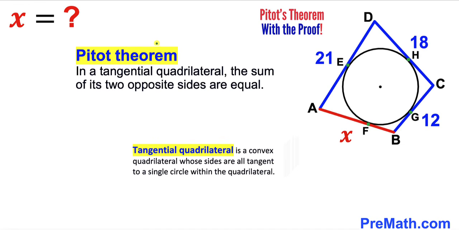And now we are going to go over Pitot's theorem. According to this theorem, in a tangential quadrilateral, the sums of its two pairs of opposite sides are equal.